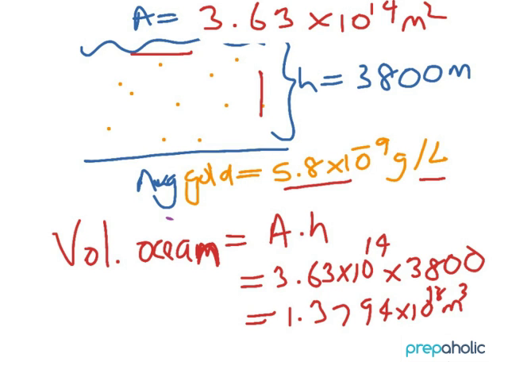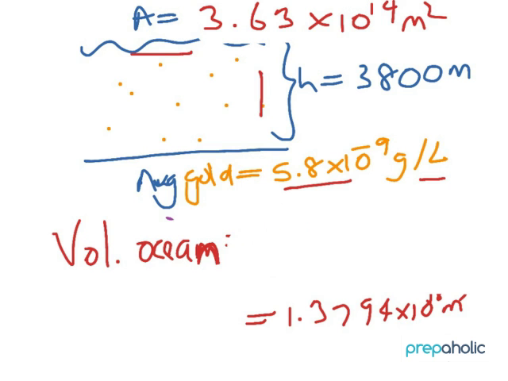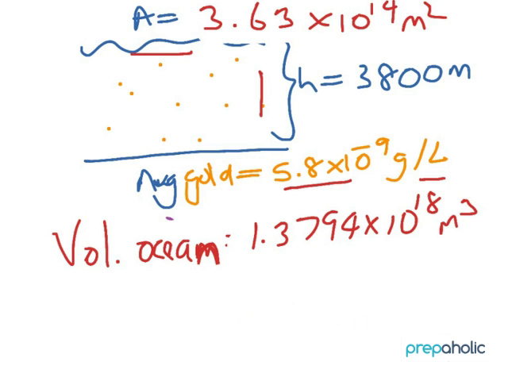Okay, so now we need to calculate the mass of the gold. Let me move this up here: 1.3794 into 10 to the power 18 cubic meters. So now we need to calculate the mass, like I said.